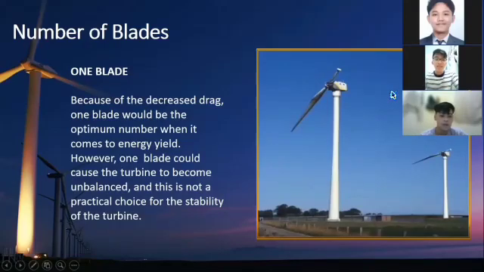Ayan, number of blades. Ito yung one blade. Because of the decreased drag, one blade will be the optimum number when it comes to energy yield. However, one blade could cause the turbine to become unbalanced. And this is not a practical choice for stability of the turbine. So, imagine niyo paano siya iikot kung isa lang siya, di ba?